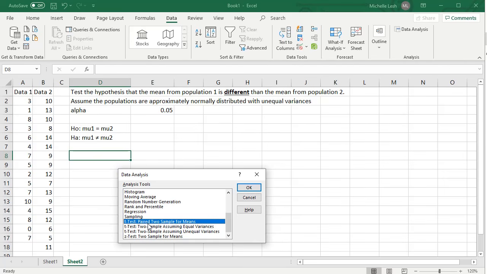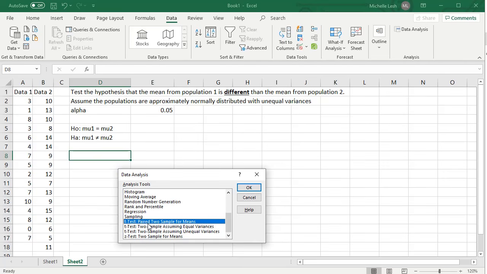So I have before and after data, but it's the same person. It's two different populations in that you have a population of data coming from people before they've taken the medicine, and a population of data coming from people after they've taken the medicine. But it's the same person, so that's paired data.